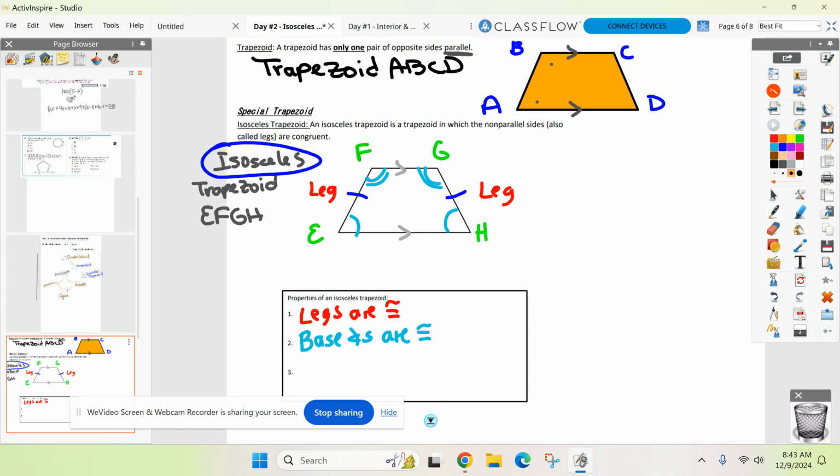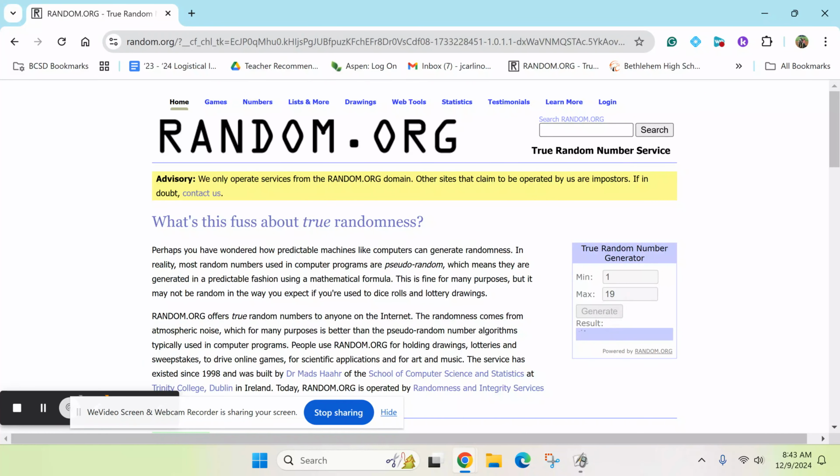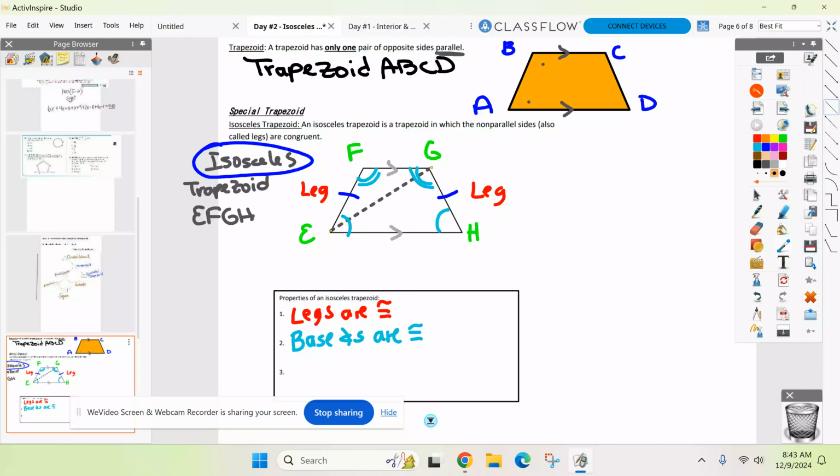And there's one more property. Probably won't get this one just by the name of it. Don't draw this in, please. Remind me from Friday, what's that called that I just drew in there? It connects two non-consecutive vertices, corner to corner here.